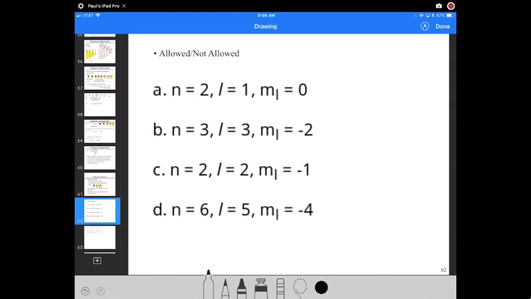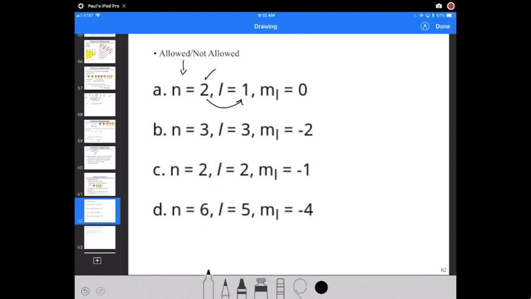For n, when I evaluate that, what numbers could that be? Can it be anything starting at what and up? It has to start at 1 or higher. And so, for 2, is that 1 or higher? That is good. Depending upon what the n is will depend upon what this is.